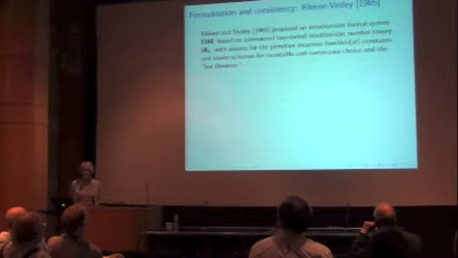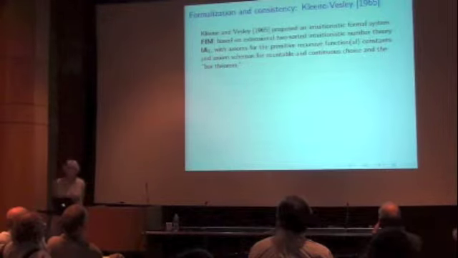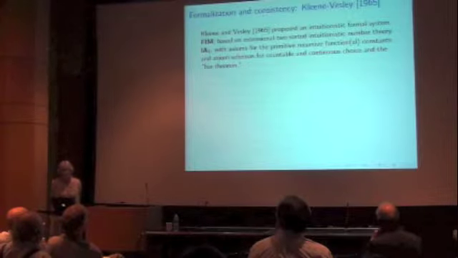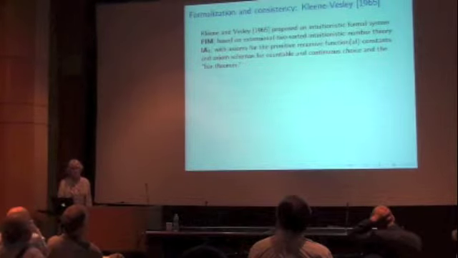It was based on an extensional two-sorted intuitionistic number theory, which I'll call IA1 to distinguish it from the HA1, which Troelstra liked to use, with axioms for some primitive recursive functional constants and axiom schemas for countable and continuous choice, and the bar theorem.